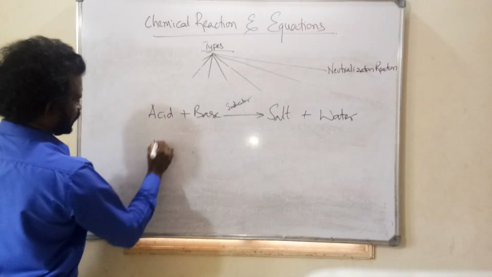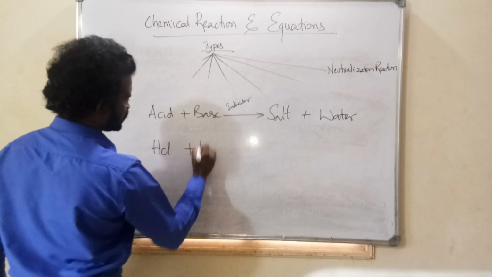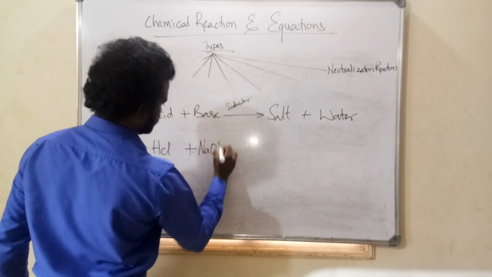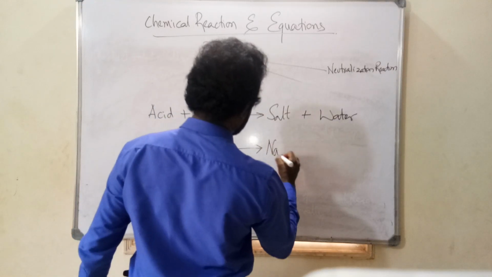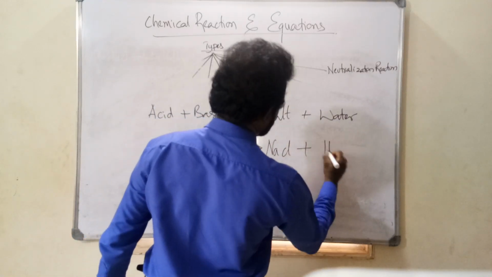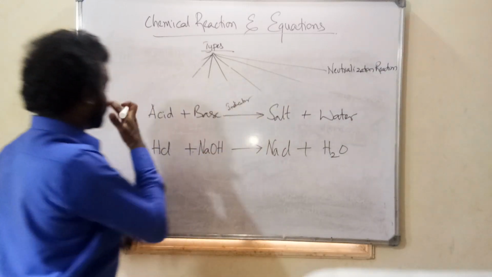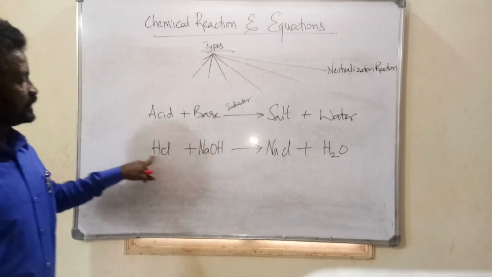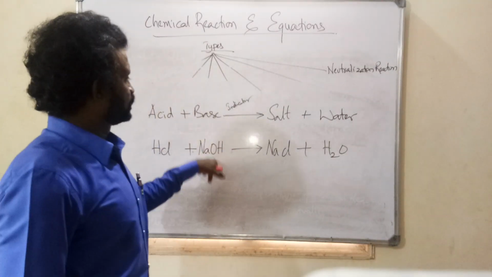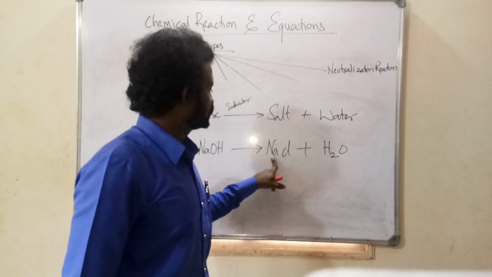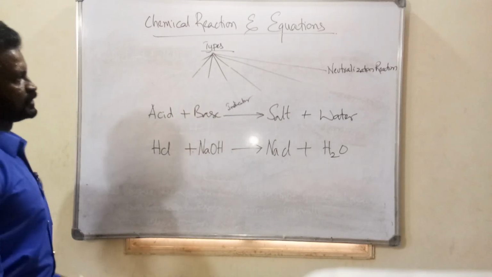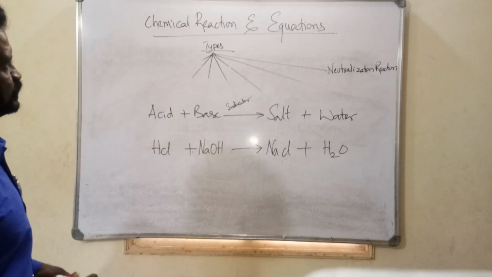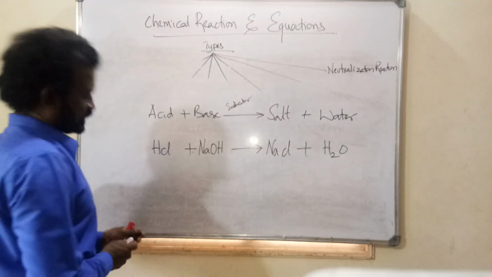For example, HCl plus sodium hydroxide gives rise to NaCl plus H2O. Is it clear? An acid reacts with a base in the presence of an indicator, giving rise to salt and water. Now this completes your types of chemical reactions.